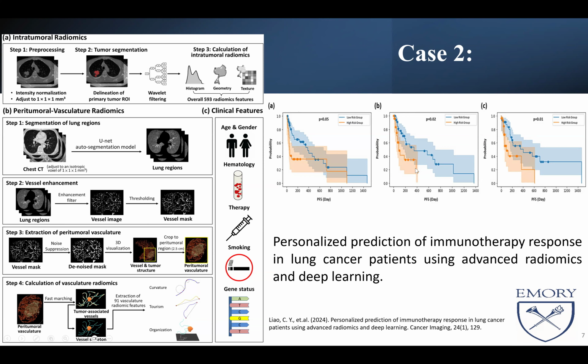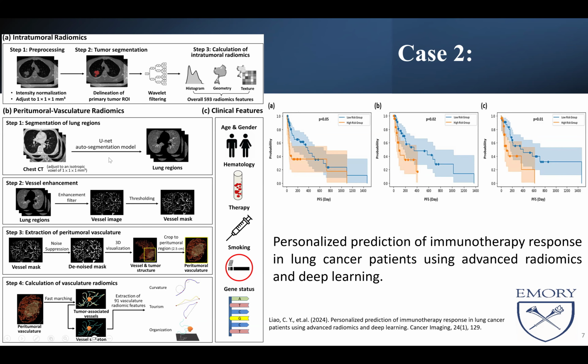You look for another alternative like chemotherapy, as the case may be. And those that you know are going to respond well, you give them the treatment. And when they combine both the tumor itself and the vasculature, you see they even have a better separation with a p-value of 0.01.